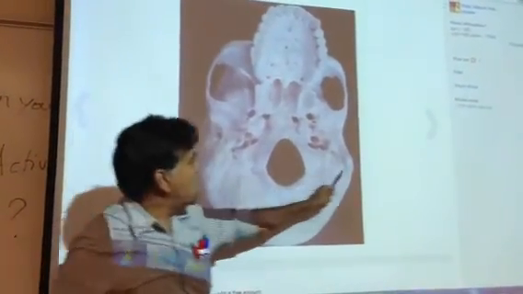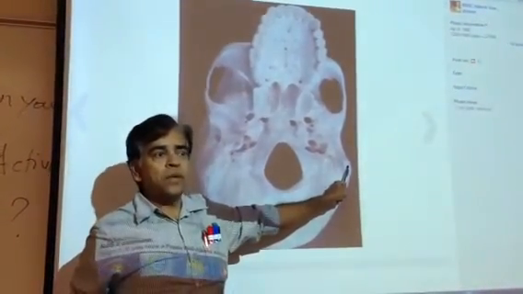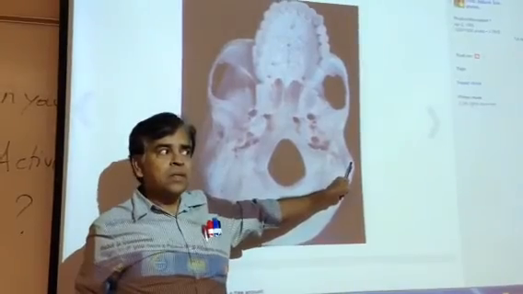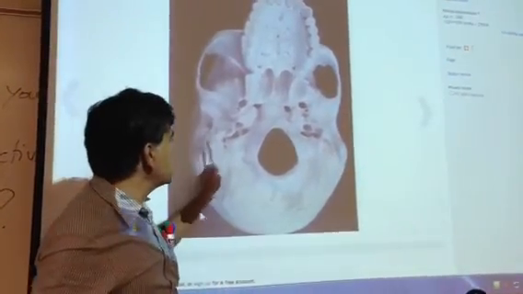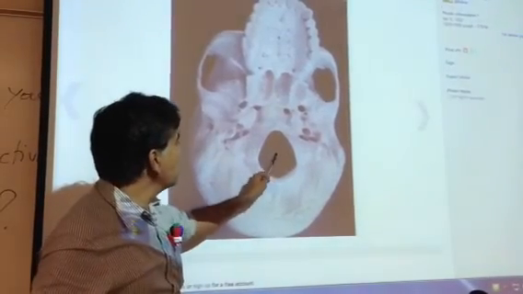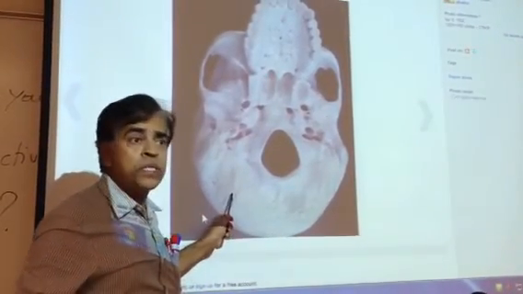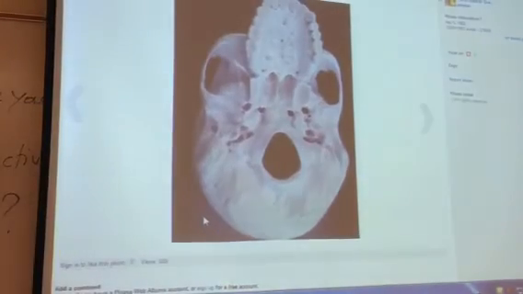What about this process on the edge, the lateral most? Mastoid process, right? Mastoid process, occipital condyle, your foramen magnum, and the bonus, occipital bone.